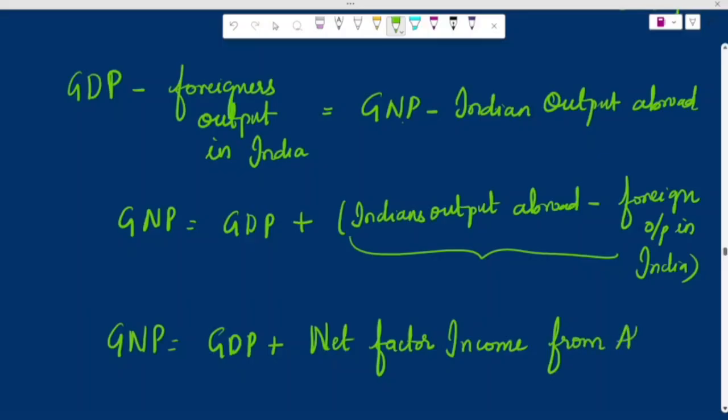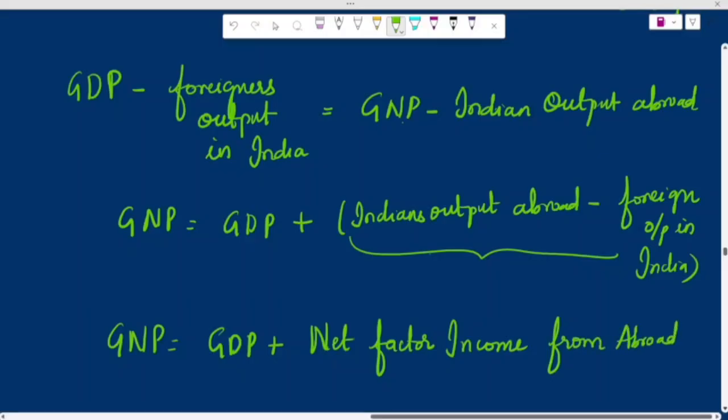I'm writing a plus to Indians' output abroad because most of the Indians will be in foreign countries. We can see that many of them have migrated out of our nation in previous years. That's why I'm thinking that what Indians are producing in foreign countries is more than what foreigners are producing in India. That's why I'm doing a minus, and this can be written as net factor income from abroad. Yes. So abroad or foreign is the same. So here, net factor income from abroad.